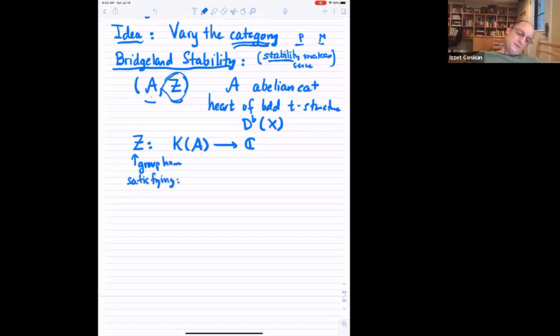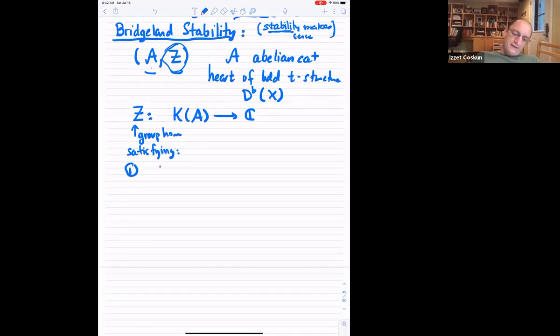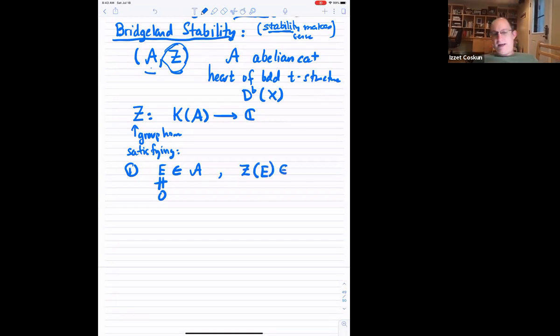The first condition is that if you have a non-zero object E in this A, then I want Z of E to be in the upper half plane. What does it mean to be in the upper half plane?